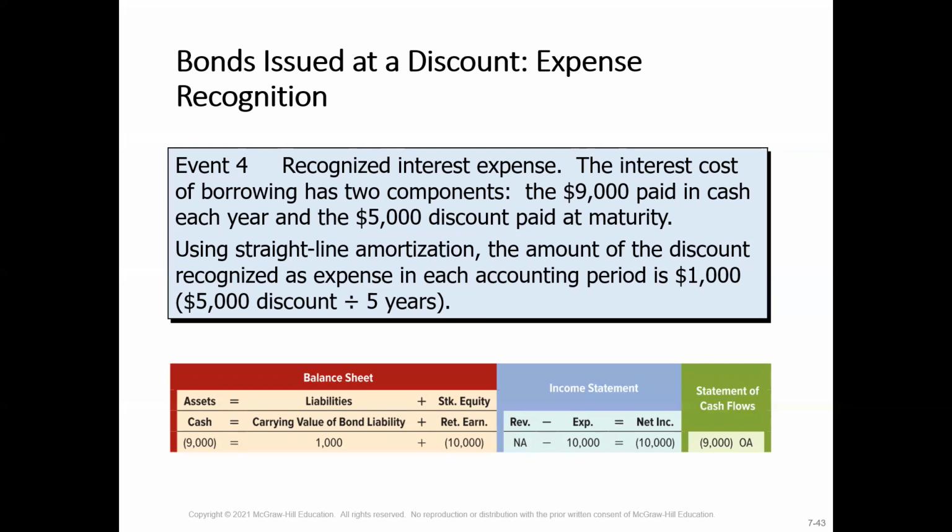So we employ different methods, just like with depreciation, just like with recognizing bad debts expense. There are different methods that are used to amortize a bond discount. Most commonly, we see the straight line method, and that's what we're going to look at.